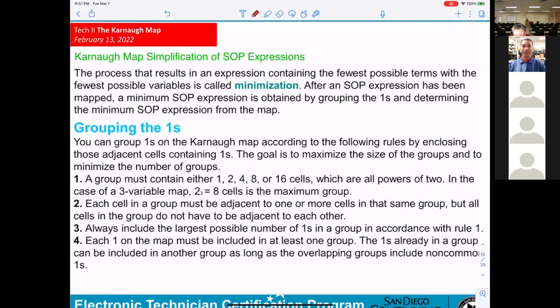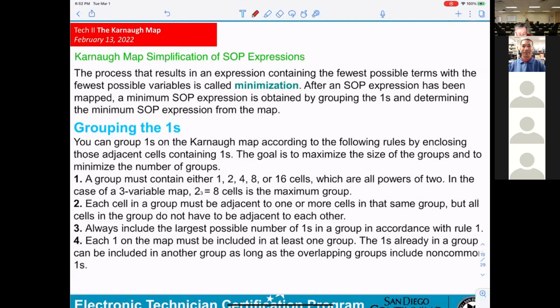After a sum of product expression has been mapped, a minimum sum of product expression is obtained by grouping the 1s and determining the minimum sum expression from the map.